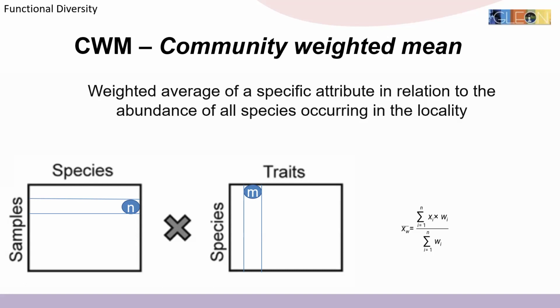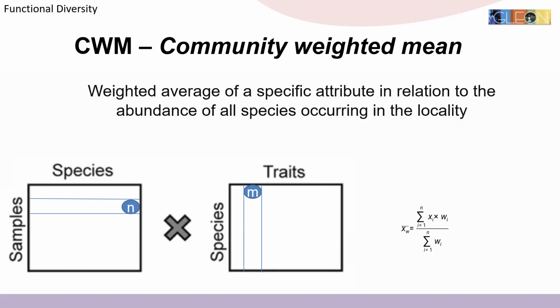So let's imagine that we have sample number 1, like my n here in this matrix. To calculate all the indexes, we need the matrix of species by samples, or by the community that you are analyzing, and so on. And we need a matrix with the traits by species.